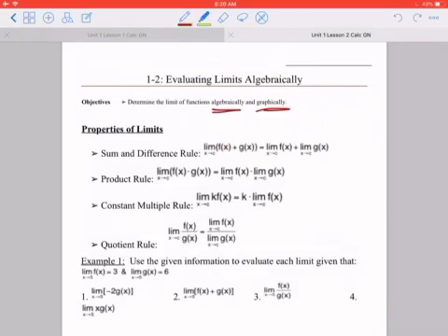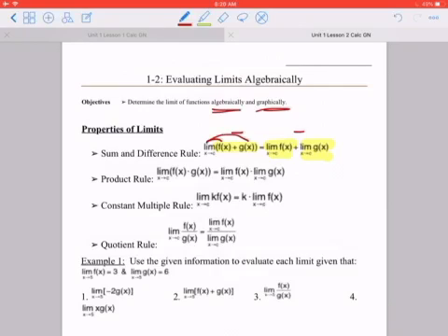So the limit as x approaches c of f of x plus g of x is the same thing as just taking the limits separately and adding them together. Same thing if there was a minus in between. It would be the same thing as kind of like distributing that limit and finding them separately.